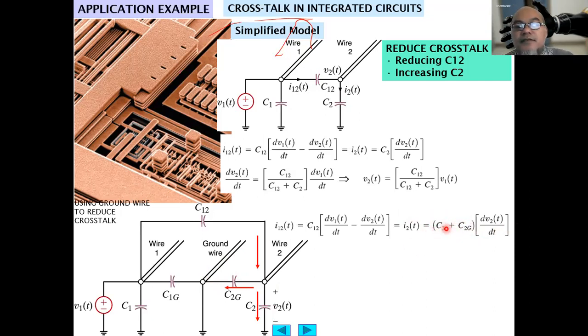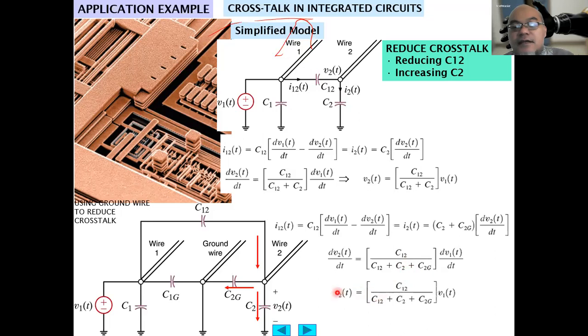So since this becomes larger, from here dV2/dt equals C12 over C12 plus C2 plus C2G, times dV1/dt. You have put in these additional terms, so this total term becomes smaller. As a result, V2(t) also becomes smaller. This will reduce the crosstalk between wire 1 and wire 2.